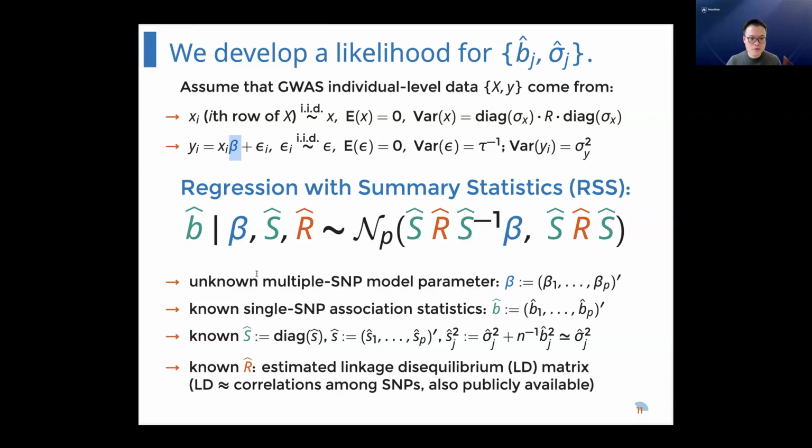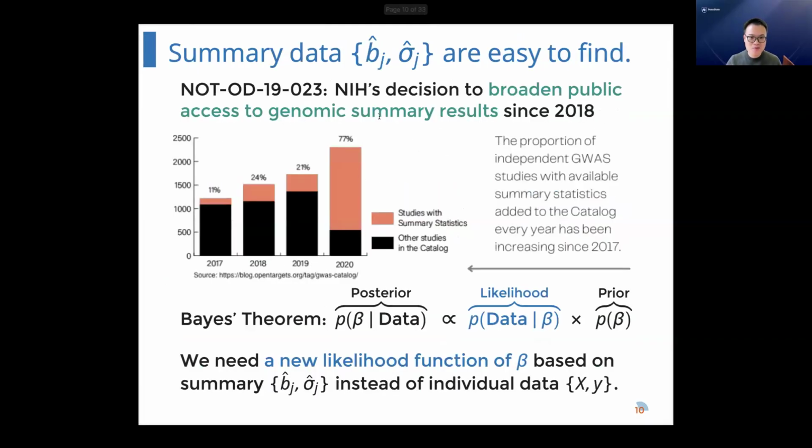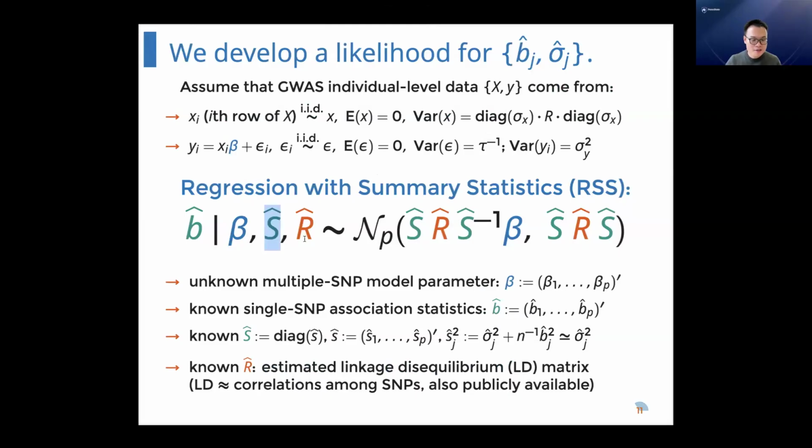The input for this data likelihood comes from two sources. The first source, which I use the color green to indicate, is the source I mentioned earlier. This comes from the GWAS summary statistics that are part of the GWAS publication these days, very easy to obtain. The other source, which I use a different color to indicate, comes from a different source that is not part of the GWAS publication. This is a p by p correlation matrix. It has a name in genetics: it's called linkage disequilibrium, or LD.